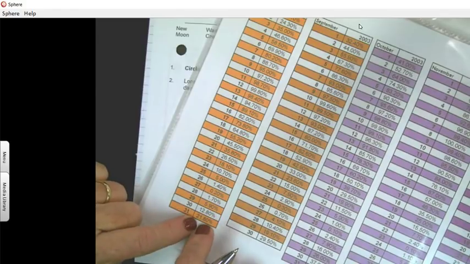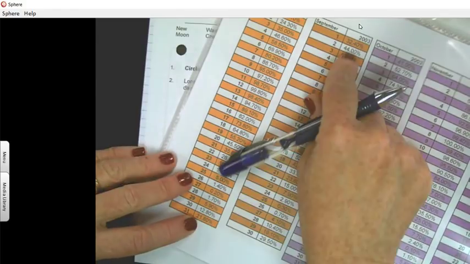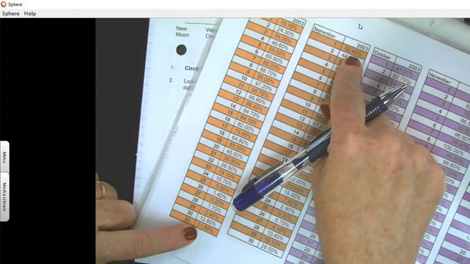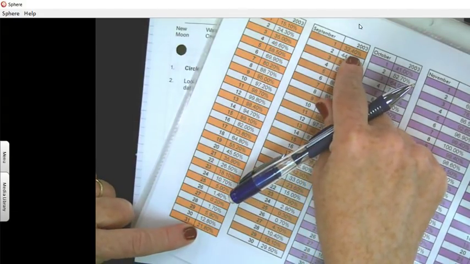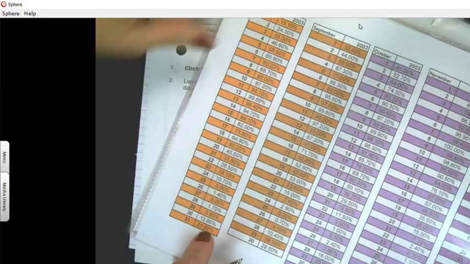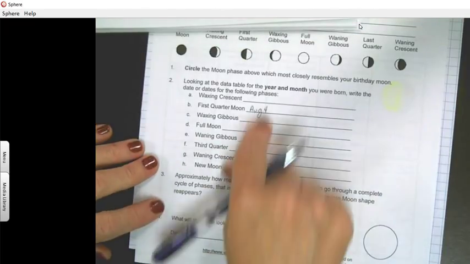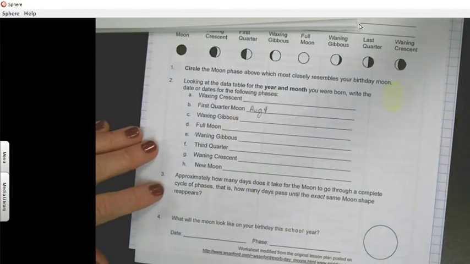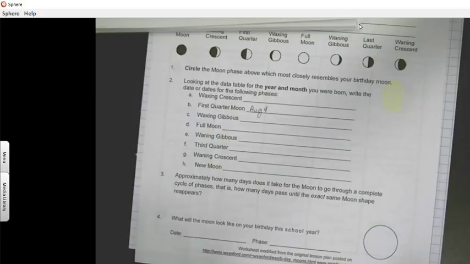If I look at 21.8 and I go up here and it's 32.4, well, 25%, nope, 50% is my first quarter. So it's nowhere near, so I don't have another first quarter. I'm going to put whatever dates are occurring for these. Some of them you will have multiple dates. Some of them you may have 1 or 2 dates.